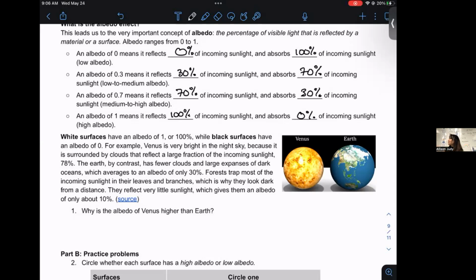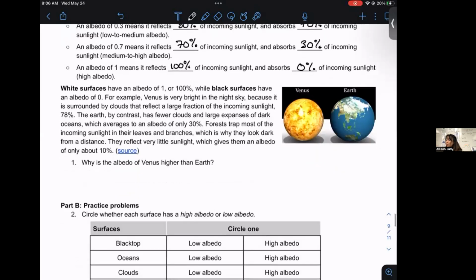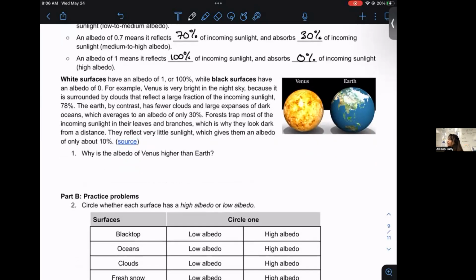Right? So this is a little bit of background on why this topic of albedo is so incredibly important, and why it's also a very significant factor in understanding the feedback loop systems that we see. Okay, so why is the albedo of Venus higher than Earth?